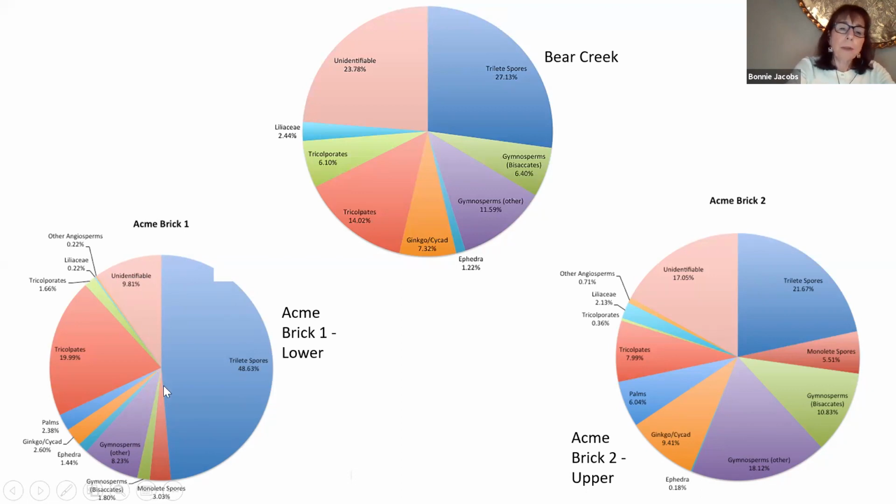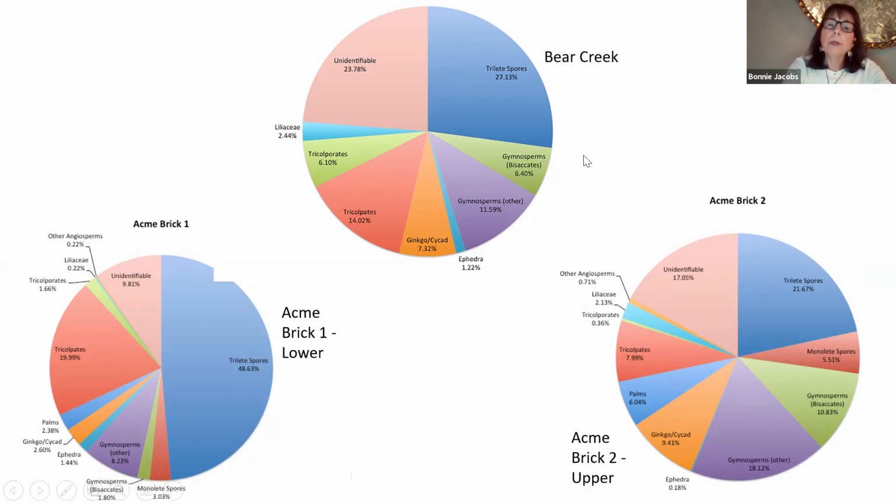So what is that? About 60% are flowering plants. ACME brick 2, again, has lots of flowering plants, but we have a lot of unidentifiable kinds of pollen grains. Those may be because the preservation is not very good. So we're kind of missing part of the picture.